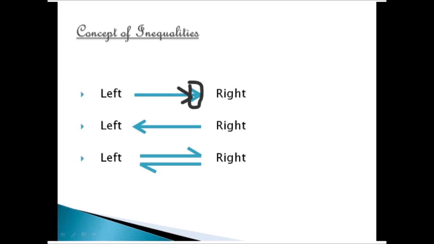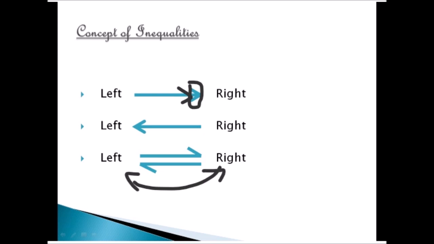Along with the line, if I draw an arrow, it will show the direction from left to right, as well as from right to left if I draw the arrow at the left end. Same as, if I draw the arrow at both ends, then I can move from left to right as well as right to left.